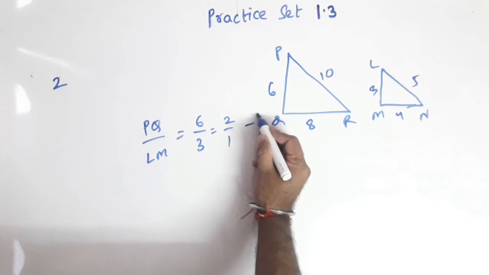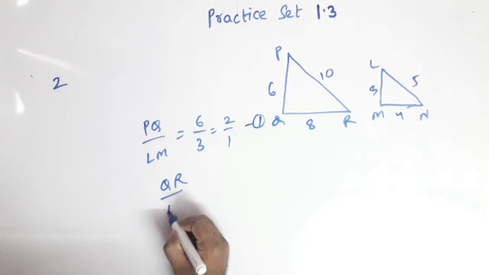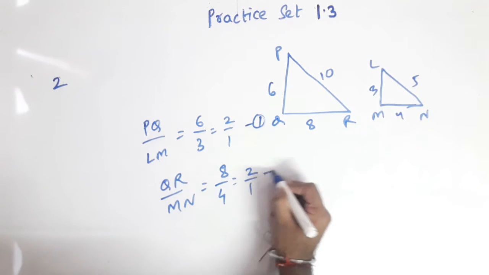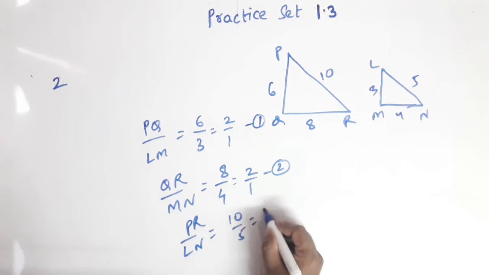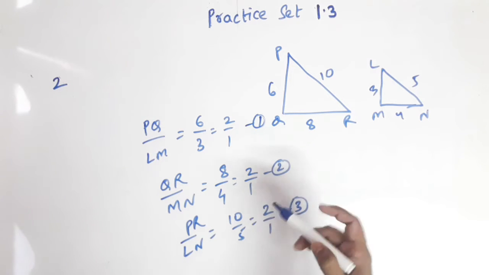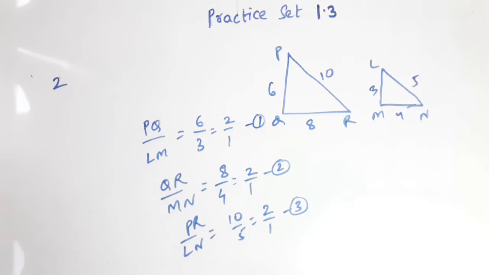Let us say this is point number 1. Then I'll write QR upon MN. QR is 8 upon 4, so it is 2 by 1, so it is 2. And lastly PR upon LN, this is 10 by 5, so it is 2 by 1, so 3. You can see all the three are having the same ratio, 2 upon 1.